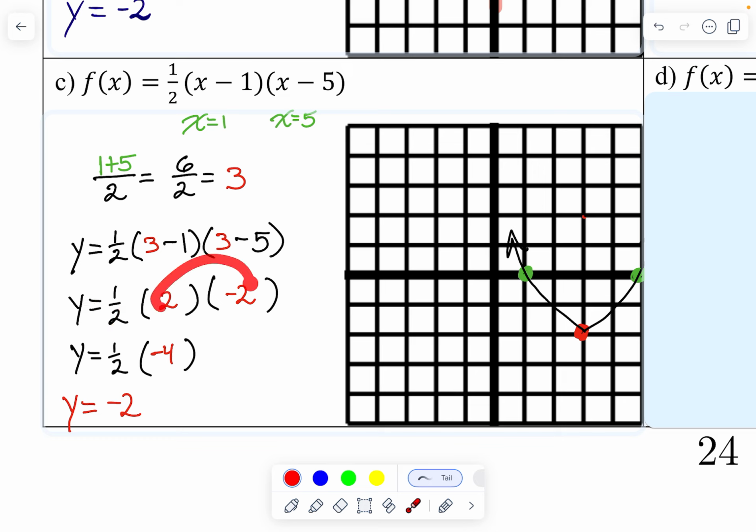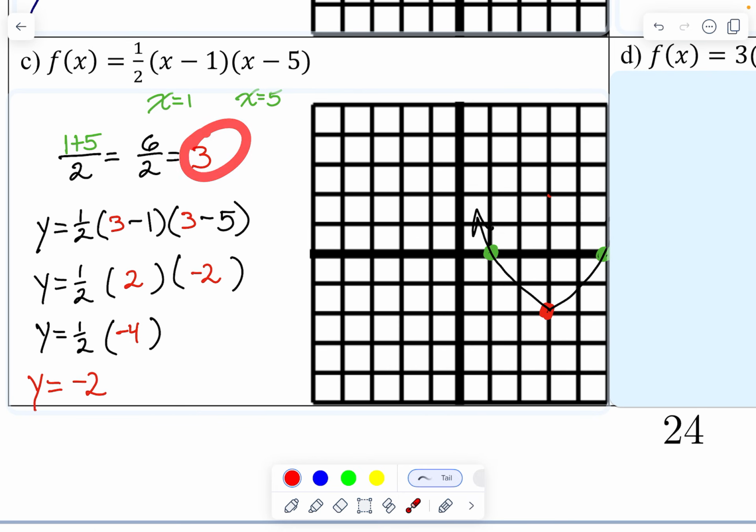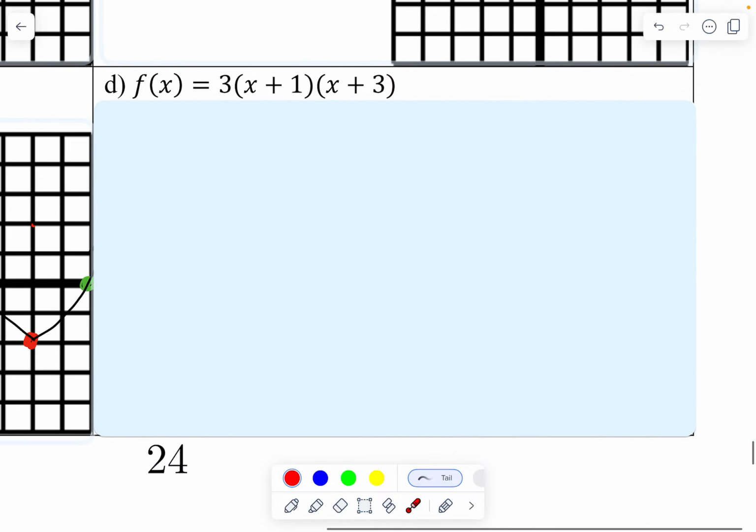The order really doesn't matter, but I take 2 times -2, get -4, and 1/2 times -4 is just -2. So now I can plot my vertex at 3, -2, and my x-intercepts at 1 and 5, and connect the parabola.